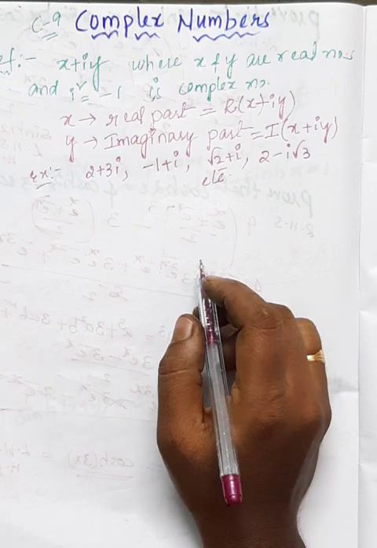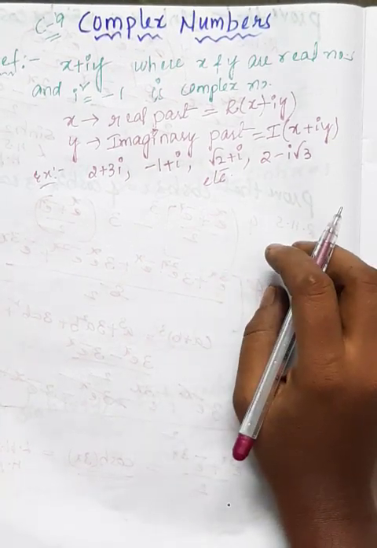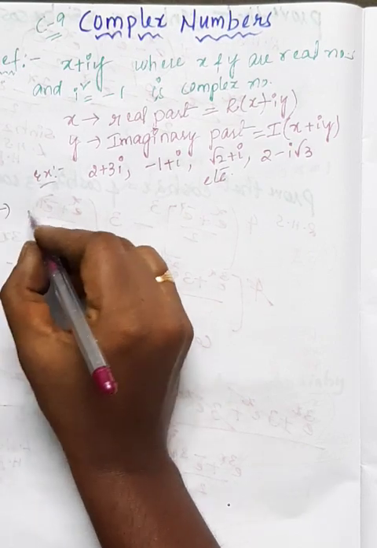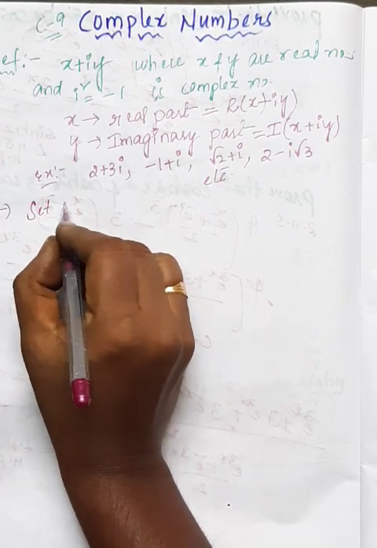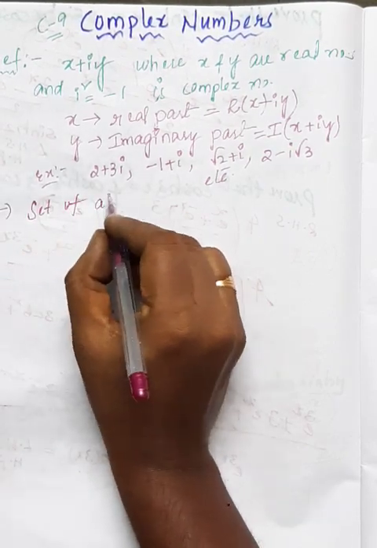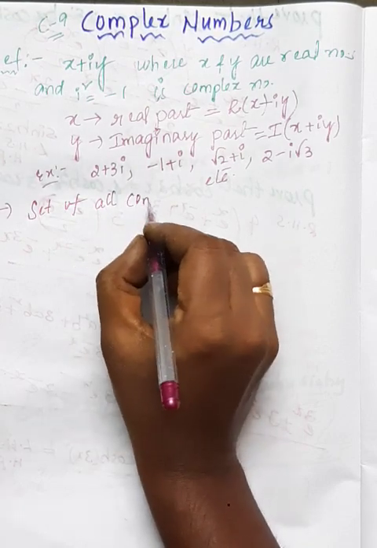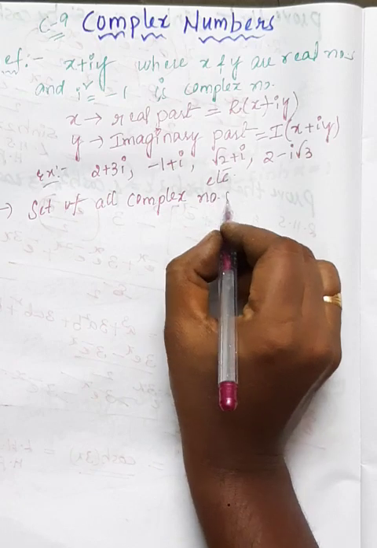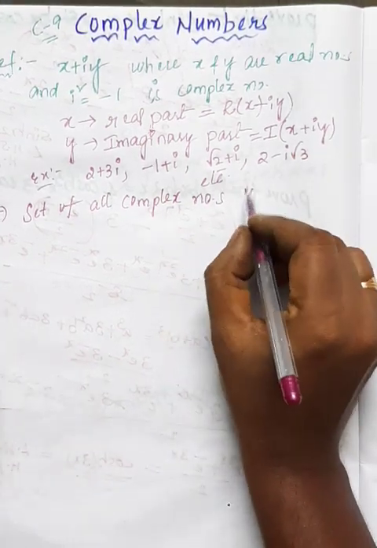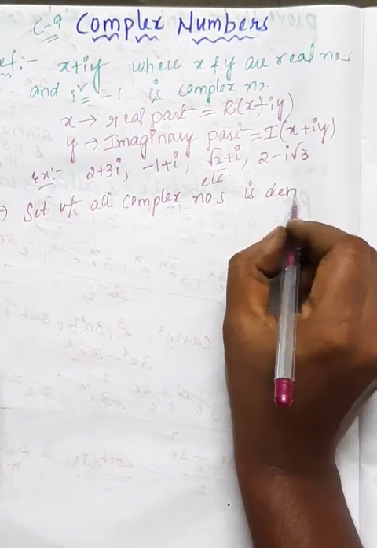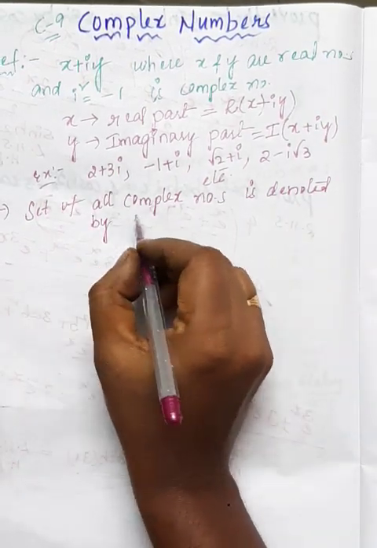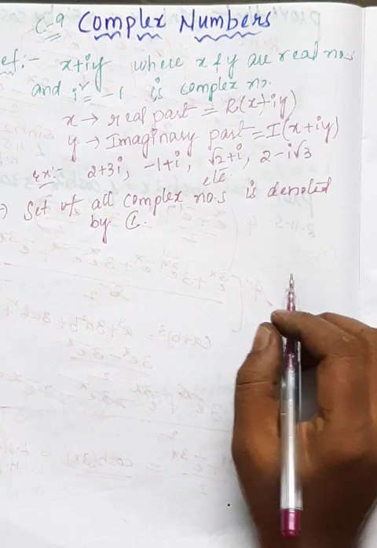Like this, the set of all complex numbers is denoted by capital C.